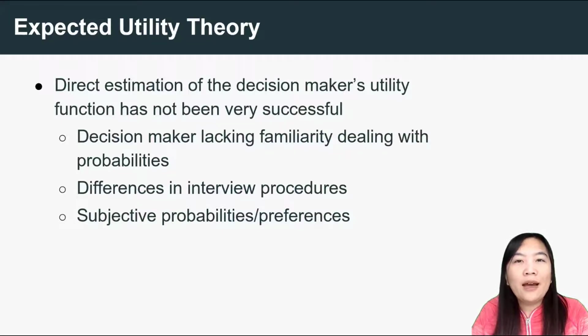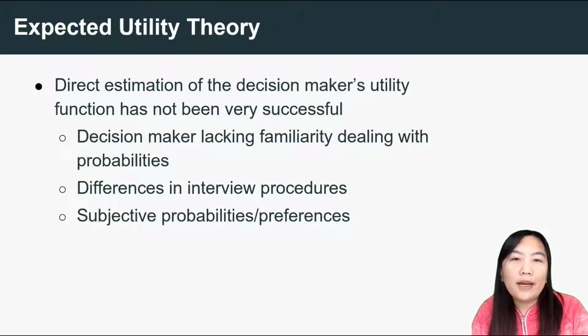In reality, the direct estimation of a decision maker's utility function is usually not very successful, for many reasons. Here I listed three reasons. First, the decision maker might lack familiarity dealing with probabilities.